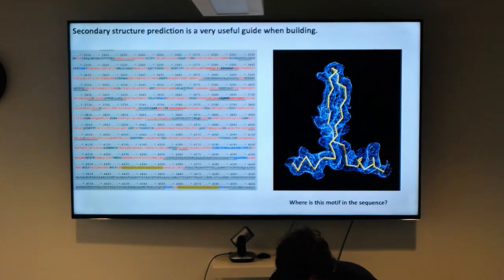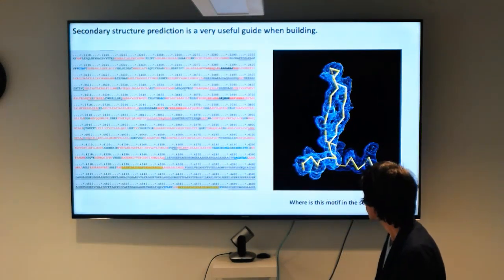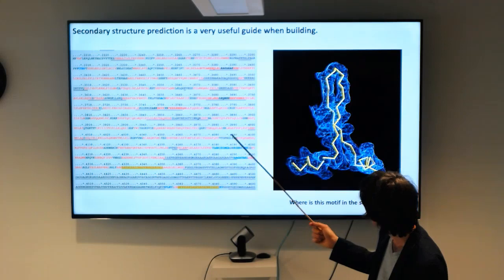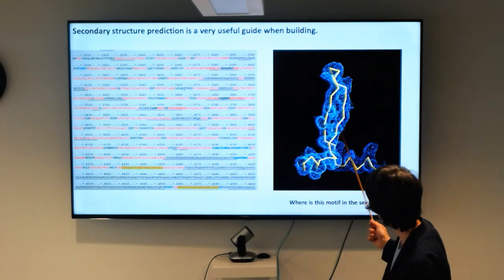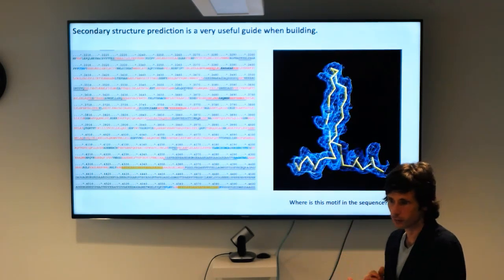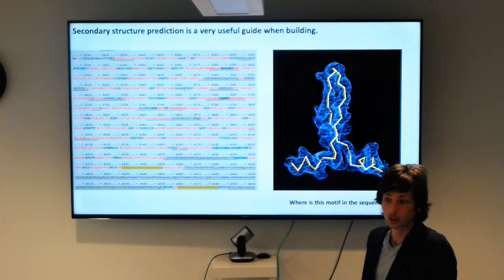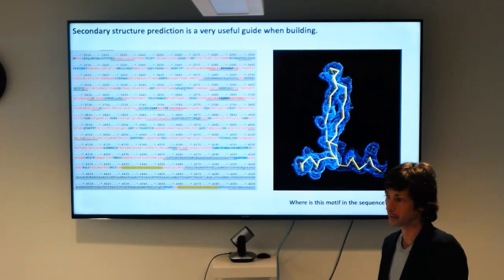All right, so a specific example of that: if you take a look at this region of secondary structural prediction, and this is what you see in the map, you should be able to say almost within a few seconds where the first candidate location that you're going to choose would be, right?